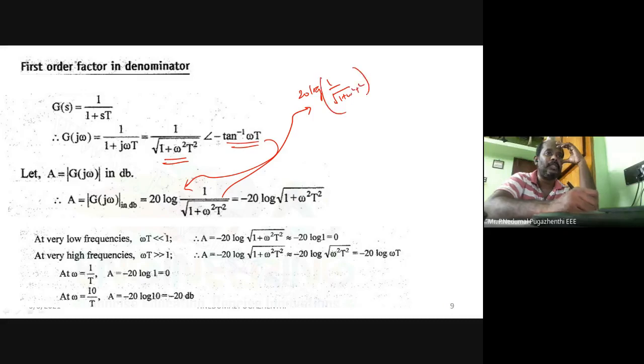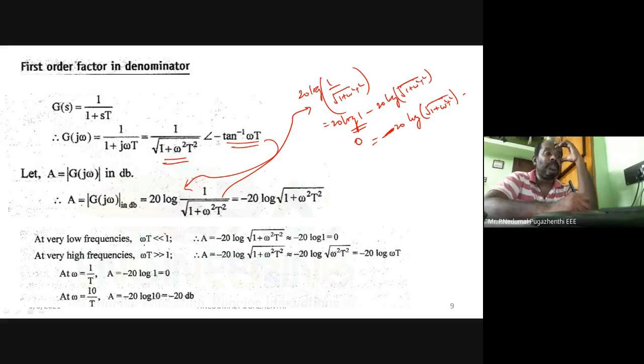How do you write it? You write it like 20 log of 1 minus 20 log of square root of 1 plus omega squared t squared. And 20 log 1 is going to be 0. You will get minus 20 log of square root of 1 plus omega squared t squared.